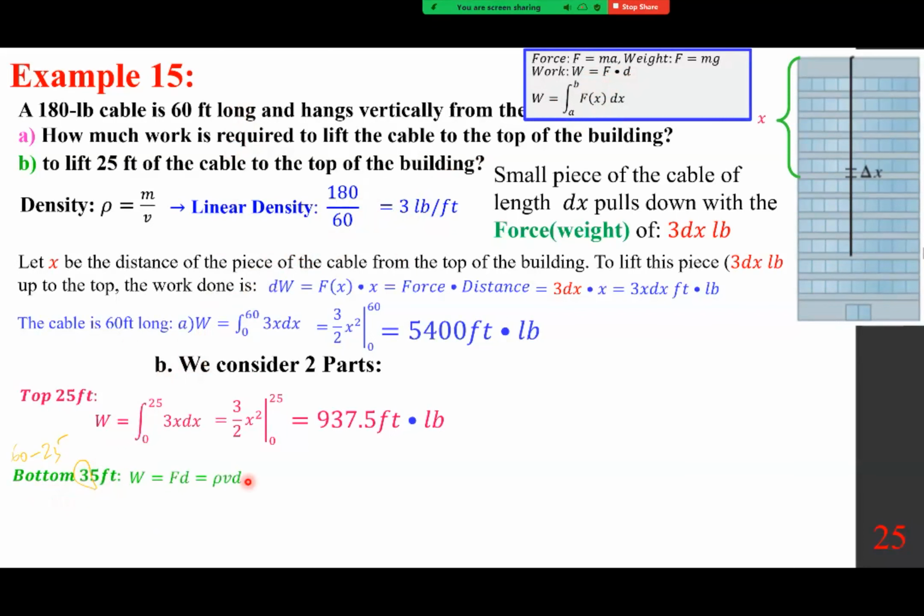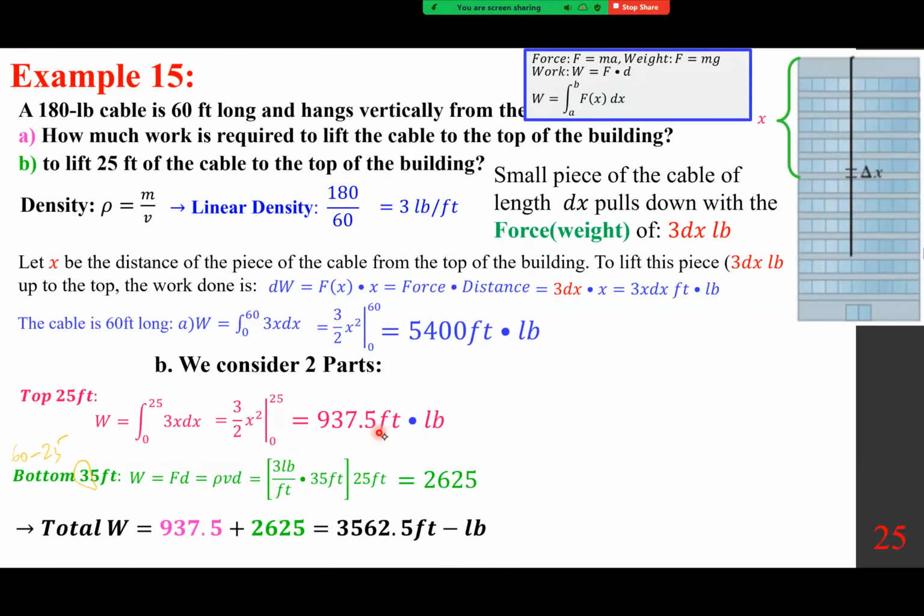So I put force times distance. That's what I mean by that, okay? So 3 pounds per foot. There are 35 feet. So this is the force, weight of the bottom 35, which moves up 25 feet. So the whole bottom of 35 feet weighs this much, 3 times 35 in essence, and it comes up by 25 feet. The product is 2,625, and add them up.